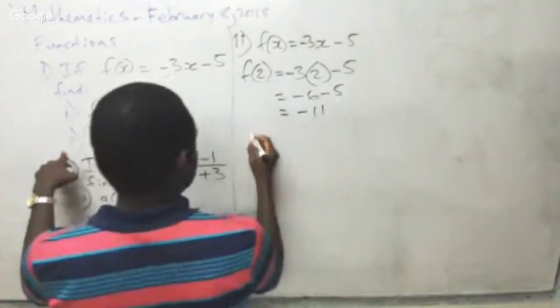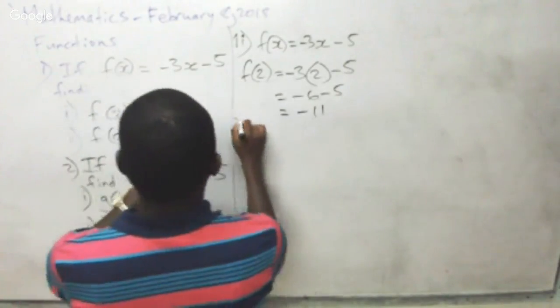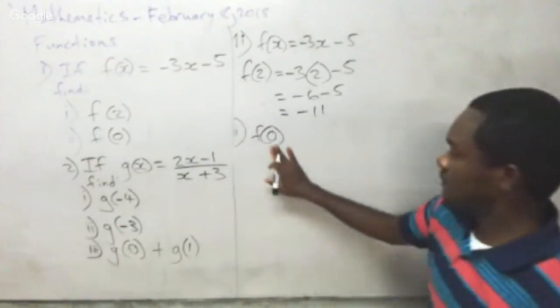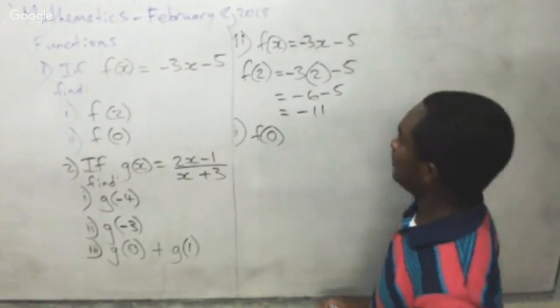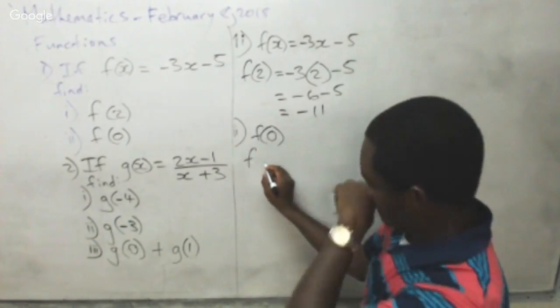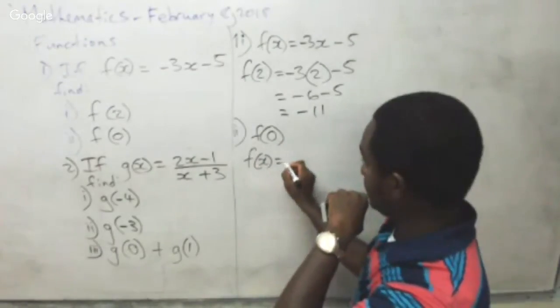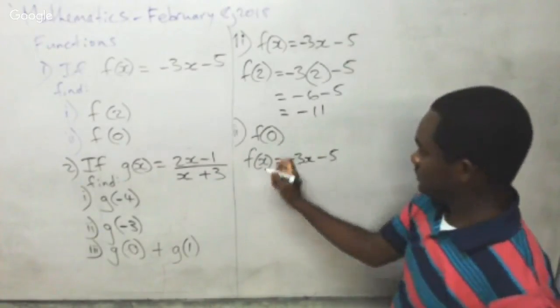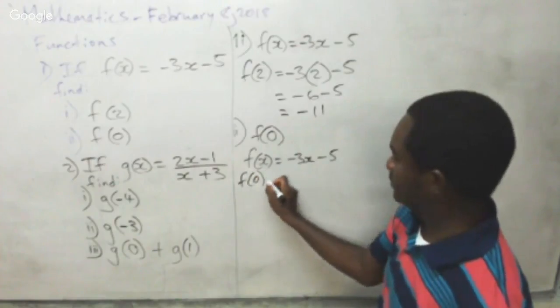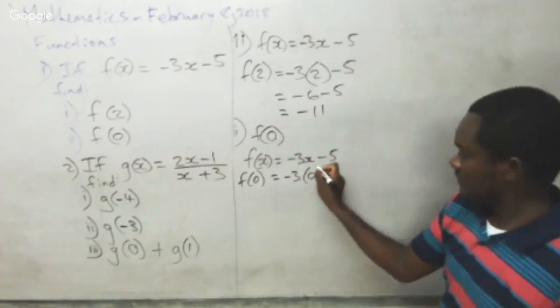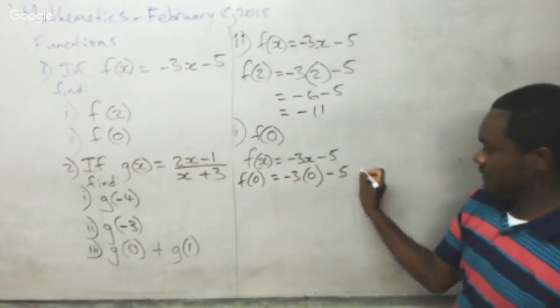The next one was very easy too. F of 0. That means our input now is going to be 0, and we're going to put it in the f function. I like to write out the original function, but you don't. So f of 0 is going to be negative 3 times 0 minus 5.